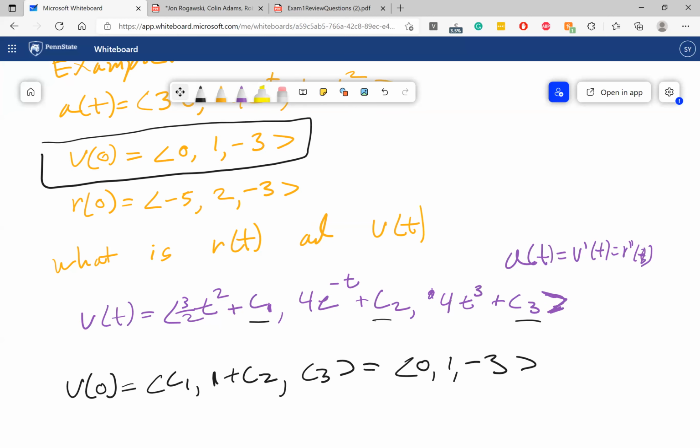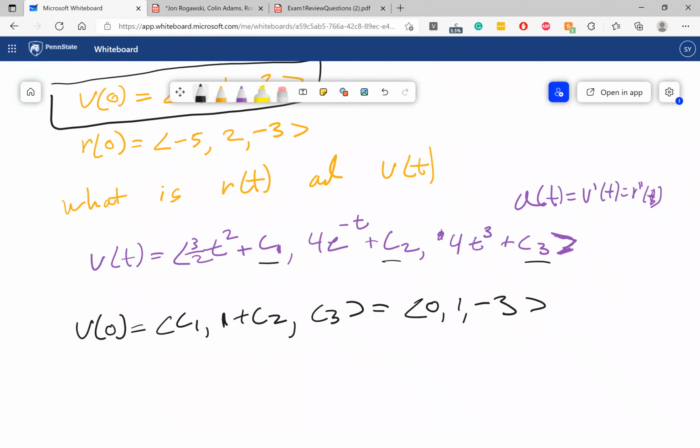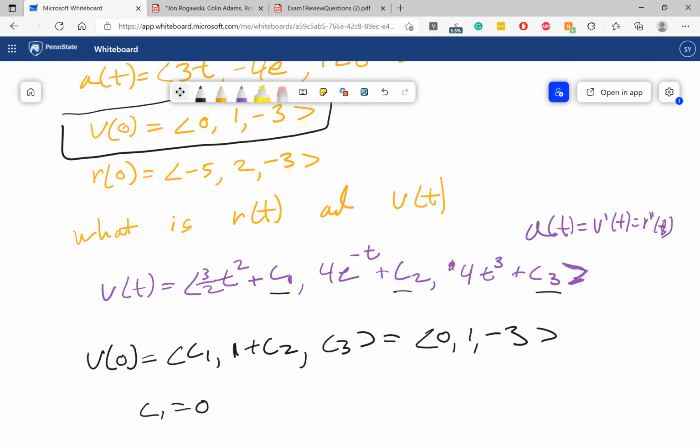So that tells us that c1 is equal to 0. The 4e to the negative 0 ends up being 4.